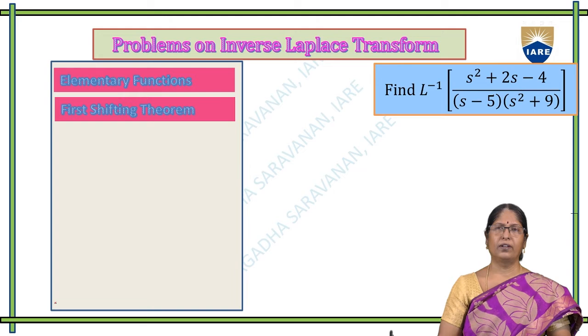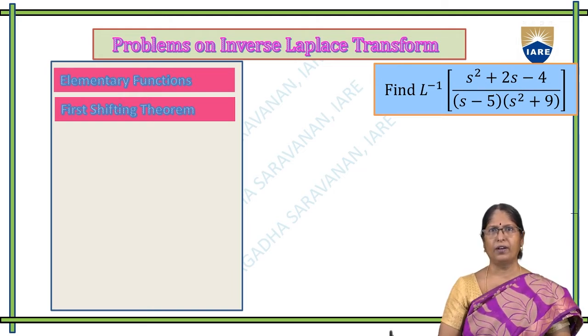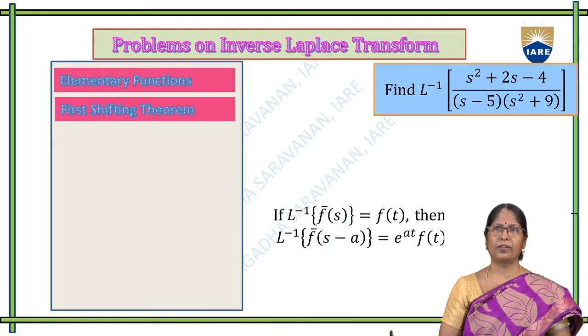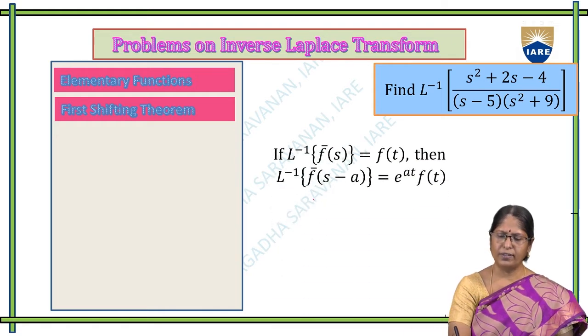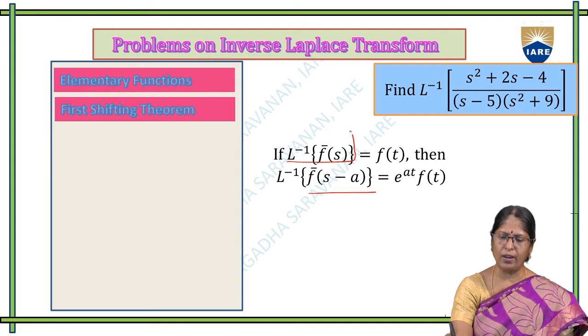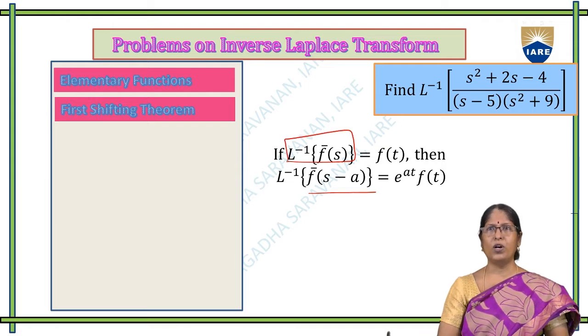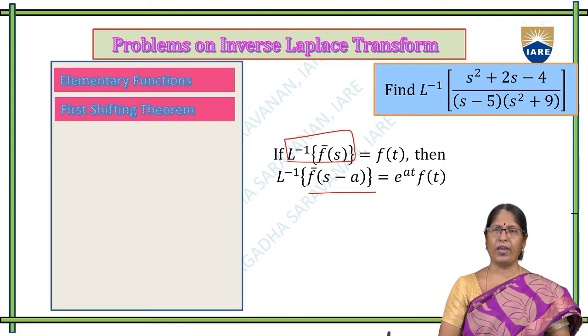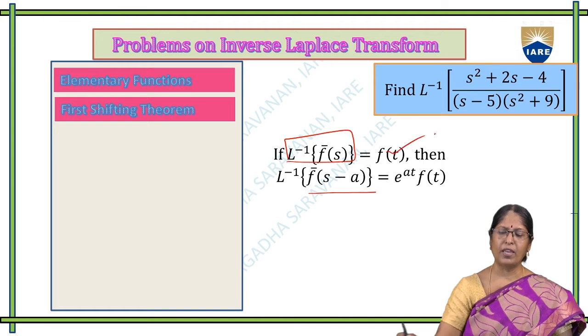Next, we have to take all these decisions in a fraction of a second. The first shifting theorem of inverse Laplace: we know very well that L inverse of f bar of s is f of t.